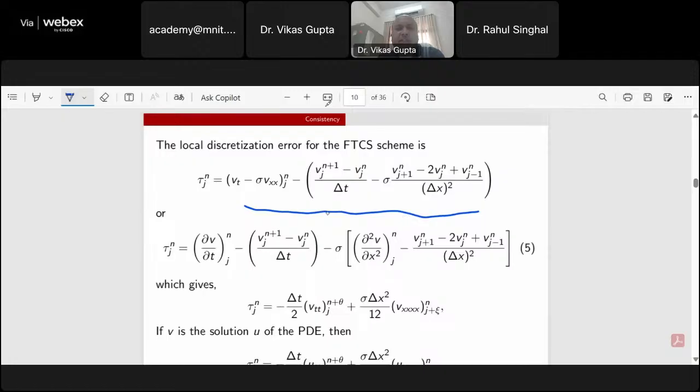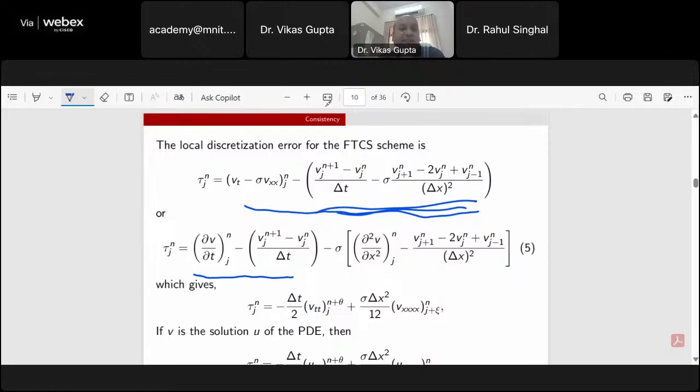At this point the difference operator will take this form. Further, it can be written component-wise: the differential operator part V_t minus (V_j^(n+1) minus V_j^n) upon delta t, minus sigma, which you can take common outside, times V_xx at the j, n-th point minus the difference term.